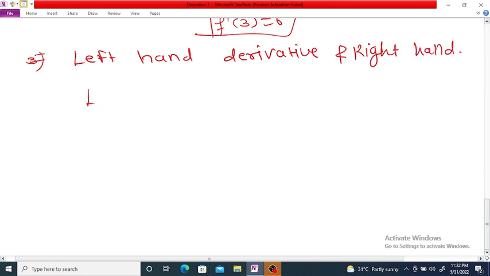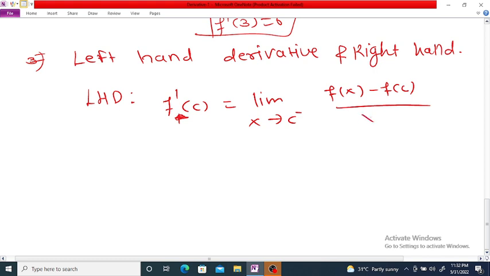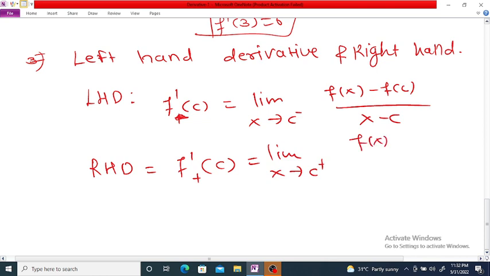The left hand derivative is f dash c minus, which is equal to the limit as x tends to c minus of (f of x minus f of c) divided by (x minus c). And the right hand derivative is f dash c plus, which is equal to the limit as x tends to c plus of (f of x minus f of c) divided by (x minus c).